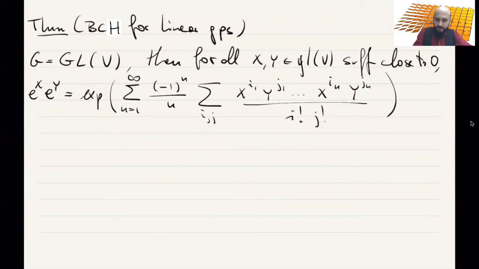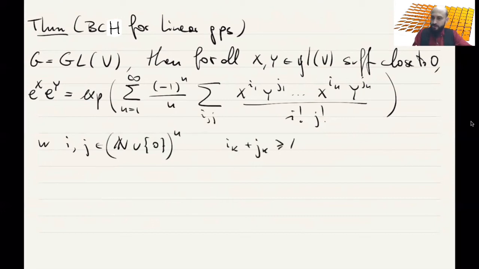Okay, and again, i and j are multi-indices for which the entries are greater than or equal to 1 for all k from 1 to n.